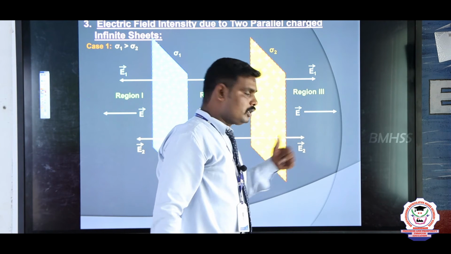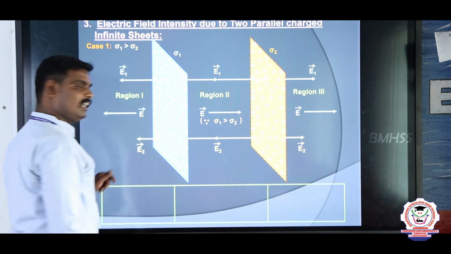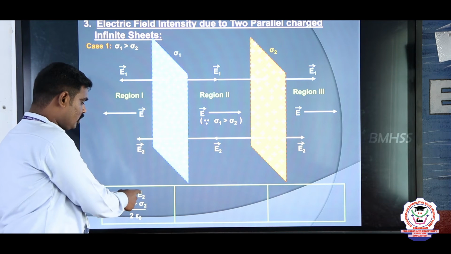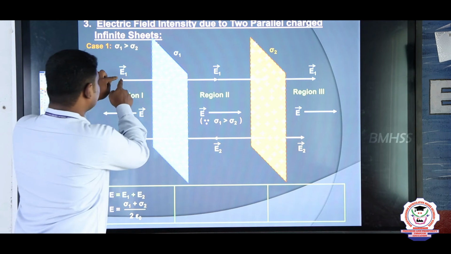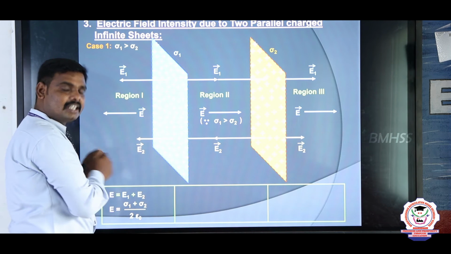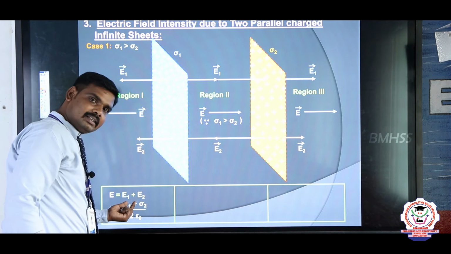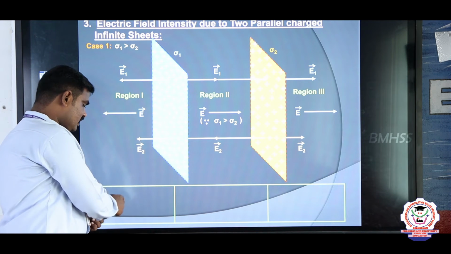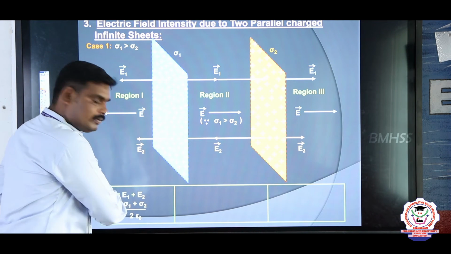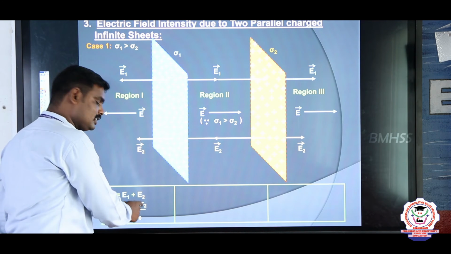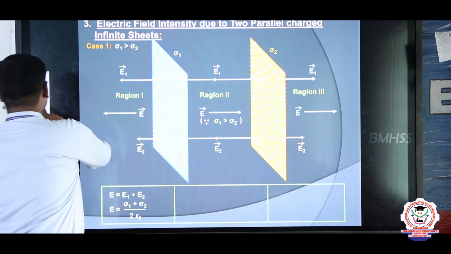The final electric field in the first region is sigma 1 plus sigma 2, because both E1 and E2 are acting in the same direction. That's why we have to add E1 plus E2. So E is sigma 1 by 2 epsilon naught plus sigma 2 divided by 2 epsilon naught.